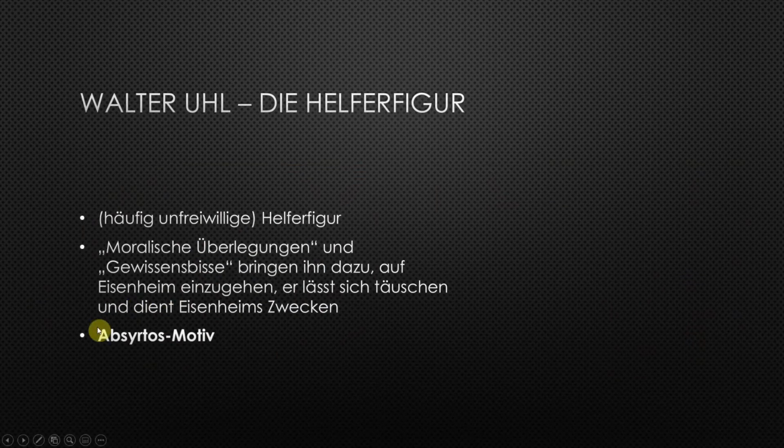And so he is first on the side of the prince, then he does some moral contemplation, and he gets some bad conscience and stuff, and then he thinks, oh, I need to go to Eisenheim, and I need to hear what Eisenheim says, and Eisenheim tricks and deceives him, and in the end Walter Uhl is helping Eisenheim, even if not willingly, but he does anyway. And this is what I now call the Absyrtos motif, which is again nothing from Mark Braham's writings, but maybe he will adapt it.